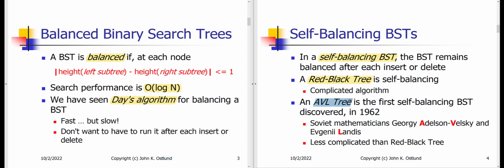The very first kind of self-balanced binary search tree that was discovered is called the AVL tree. And I suppose it would be nice if AVL stood for something that helped you remember what the tree is about, but actually it's the initials of the 2 Soviet mathematicians who discovered and wrote about this algorithm.